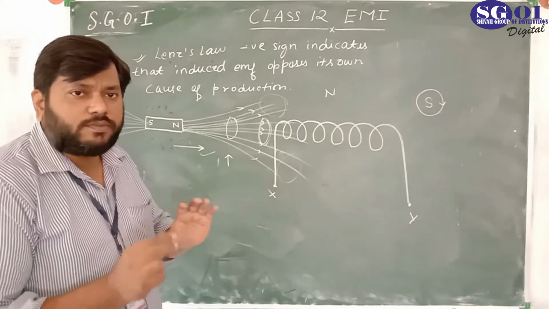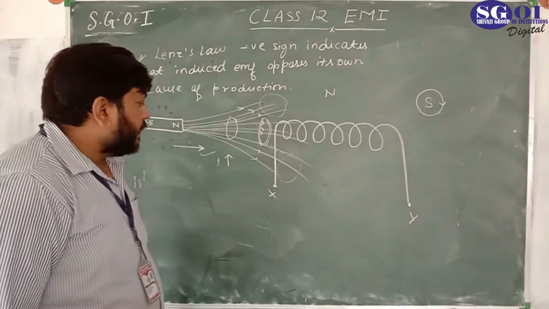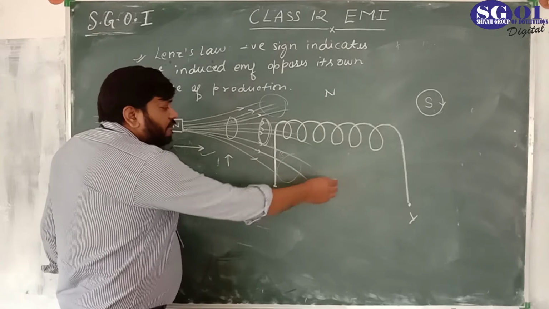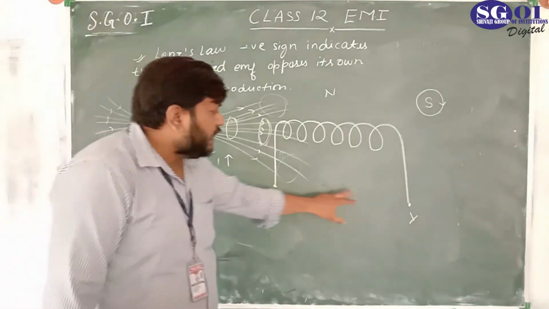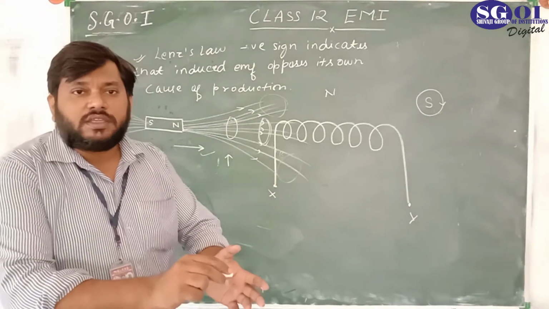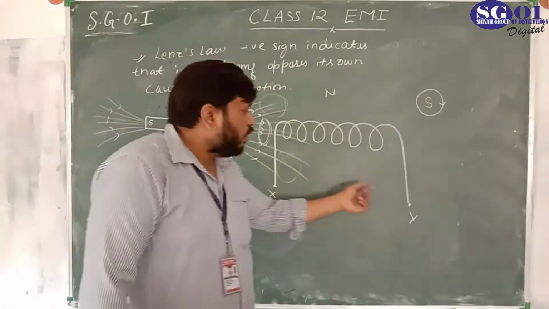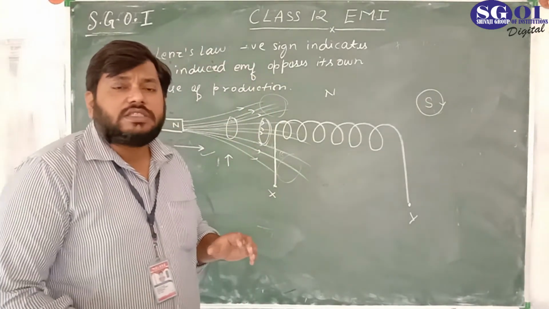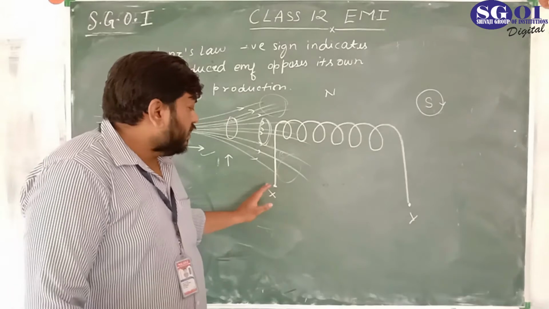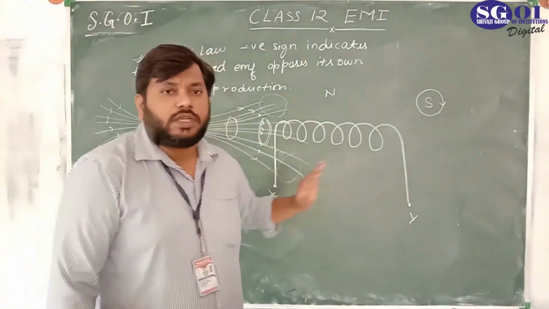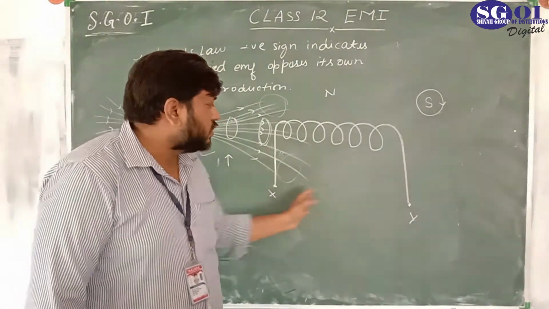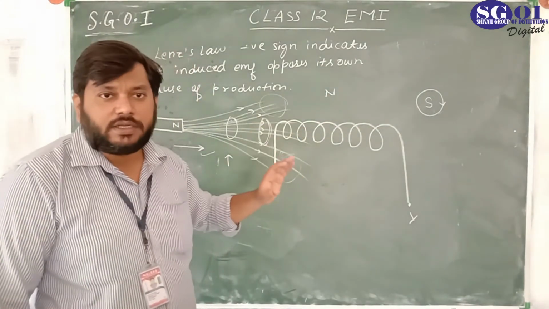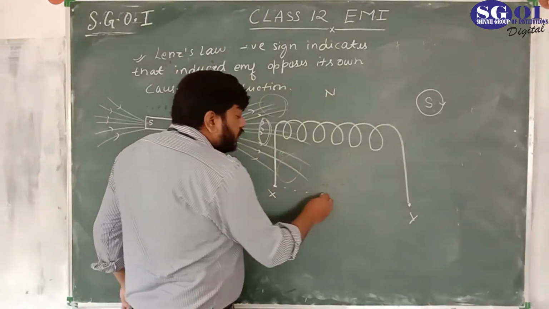So we have to take the polarity in such a way that because of this induced voltage, if the circuit is closed, there is obviously an induced current.